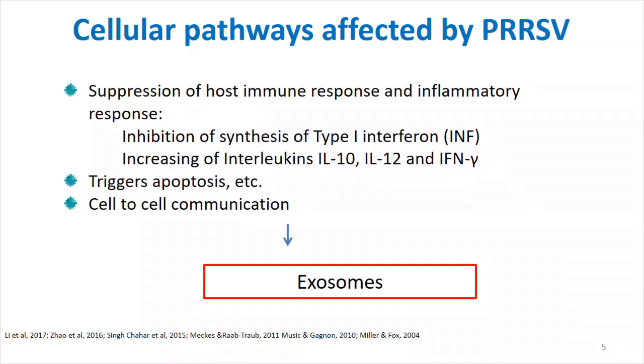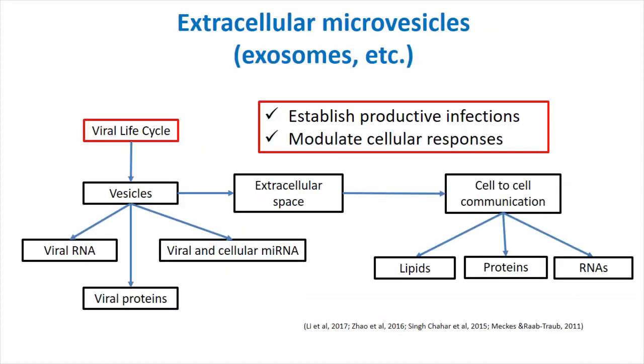Growing evidence indicates that they play an important role in viral pathogenesis. First, they can express viral proteins. They can contain viral RNA and microRNA, and they can also contain viral particles. So they are important for establishing productive infection and modulating the cellular response.